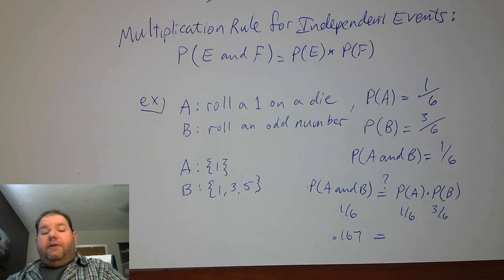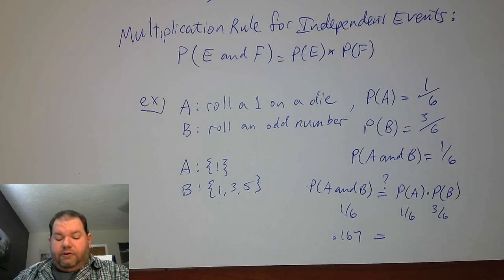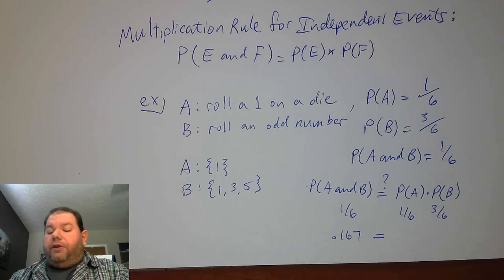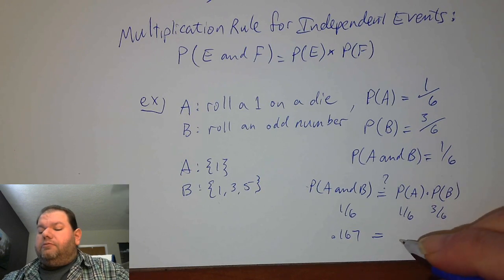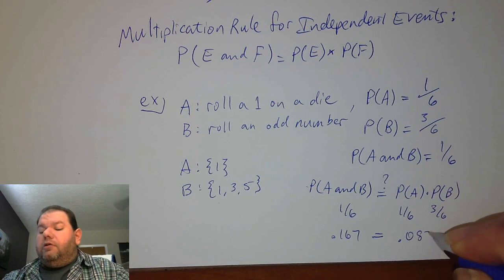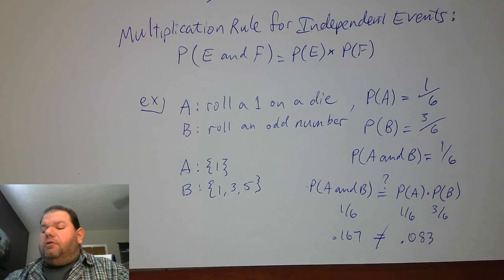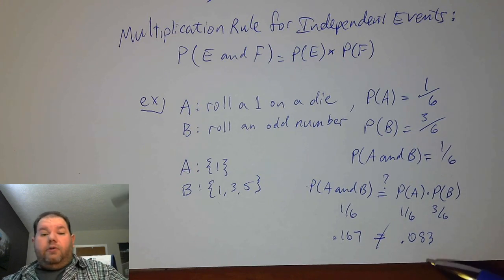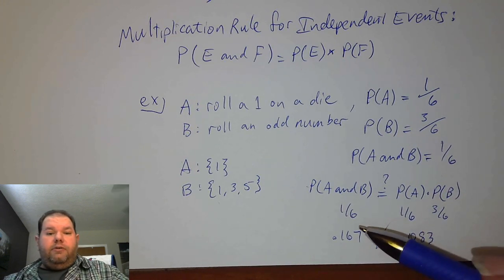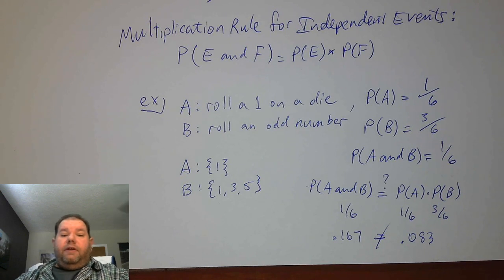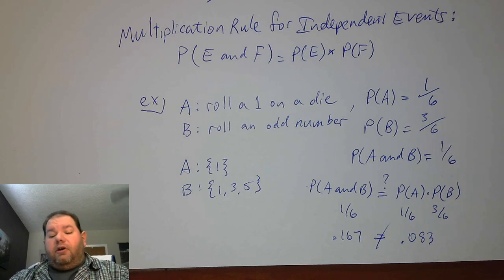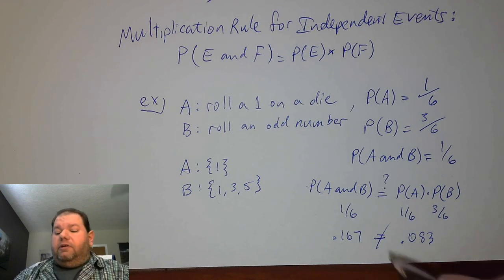And 1/6 times 3/6 is 1/12, which is 0.083. Okay. So our conclusion is that those are not equal. Therefore, we can say the events are actually dependent.